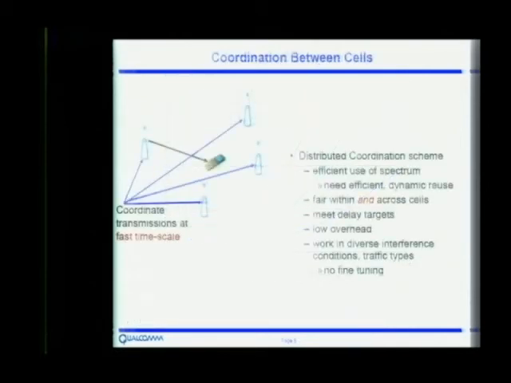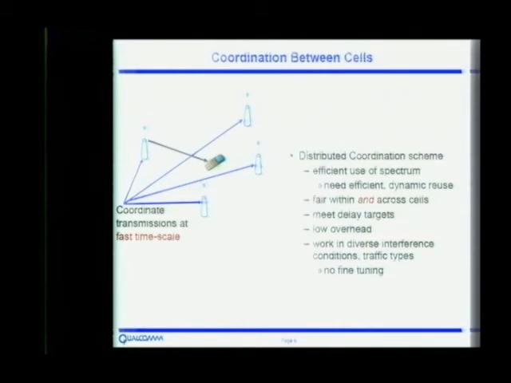So essentially what we need is coordinated transmission at fast time scale across multiple cells, but the user spectrum should be efficient. So whether you orthogonalize or whether you reuse one should ensure that you're operating close to the maximum spectrum efficiency. And another thing is we want fairness across cells.